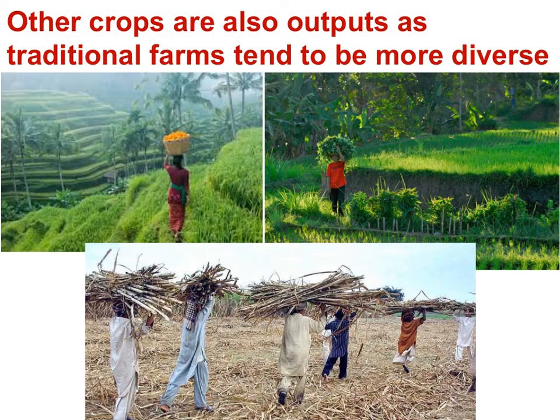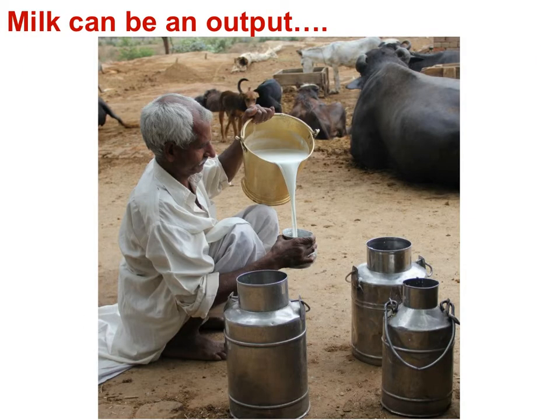Due to the more diverse polyculture on traditional farms, many crops might be harvested from the farm. In this image, we can see women carrying flowers or leafy crops. Certainly on traditional intensive farms, far more of the plant is utilized than on modern industrial farms. So as we wind this movie down, remember that milk might also be an output on traditional farms, such as those in Nepal or India.